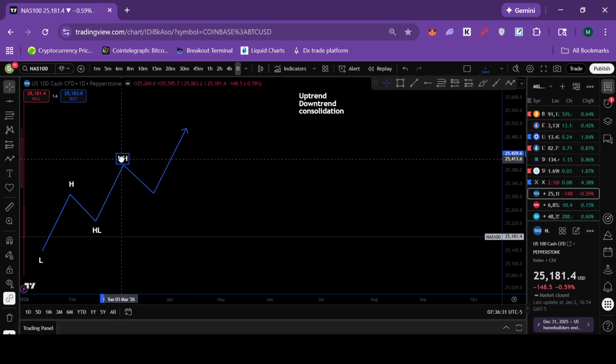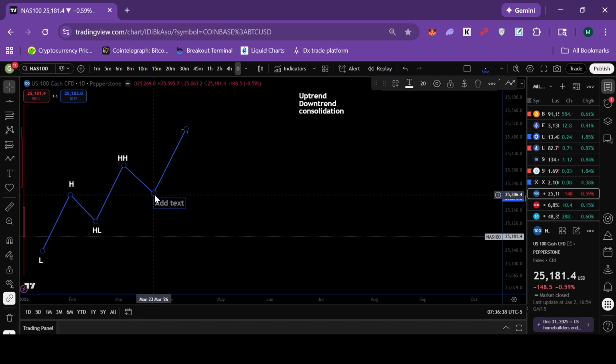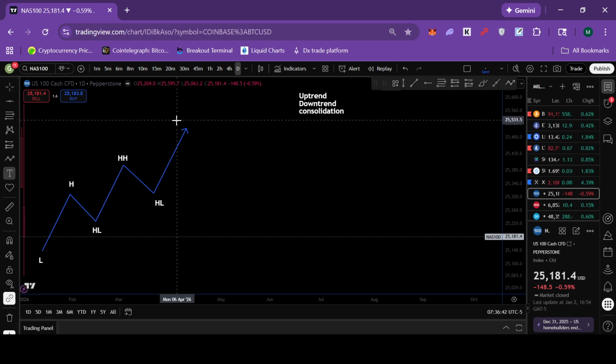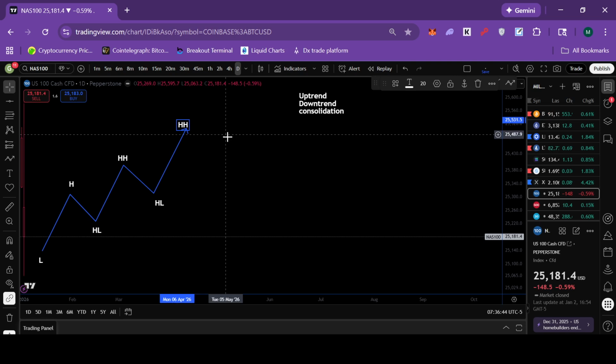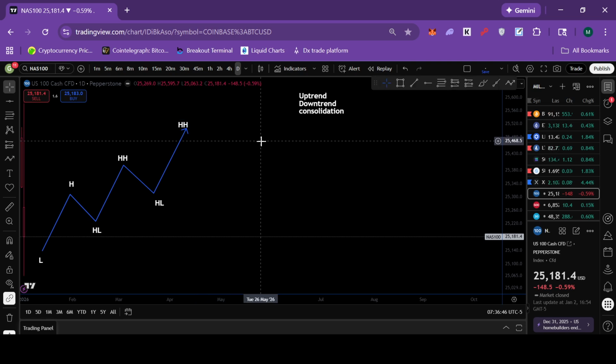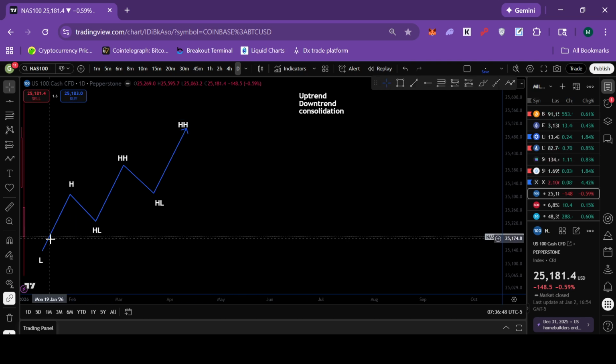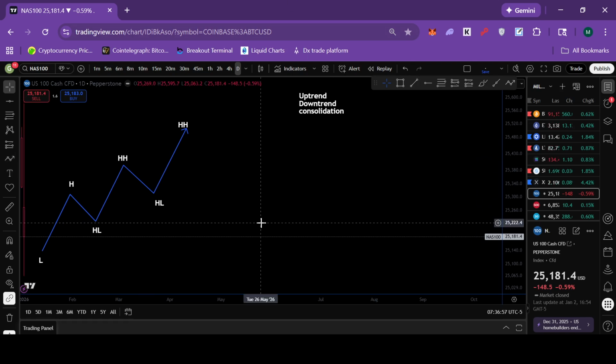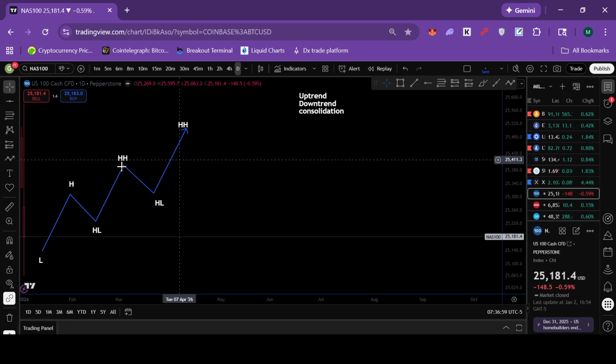The reason why it's considered a higher high is because it's higher than the previous high. Then you may have another higher low due to it being higher than the previous low, and then a higher high, right? So that's basically what an uptrend will look like. After I go over all of these, every style of movement, every type of movement, I'll show you how it looks on the chart, right? But that's an uptrend, right?